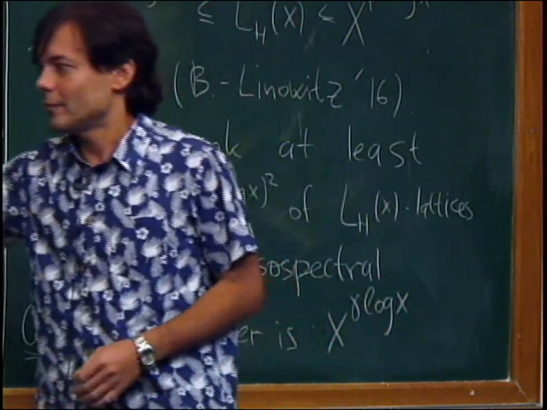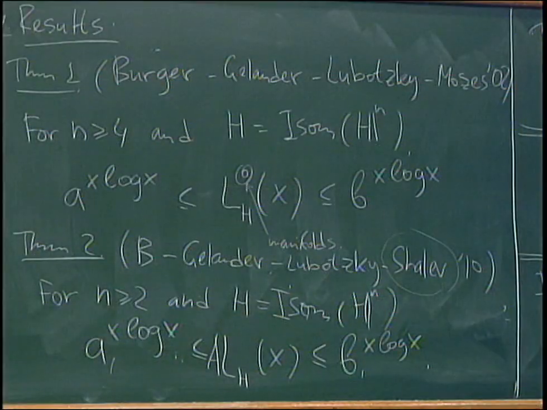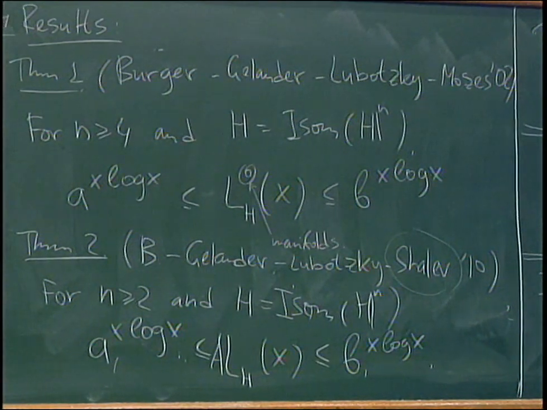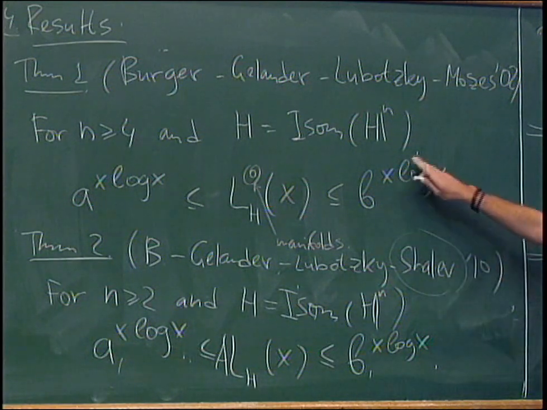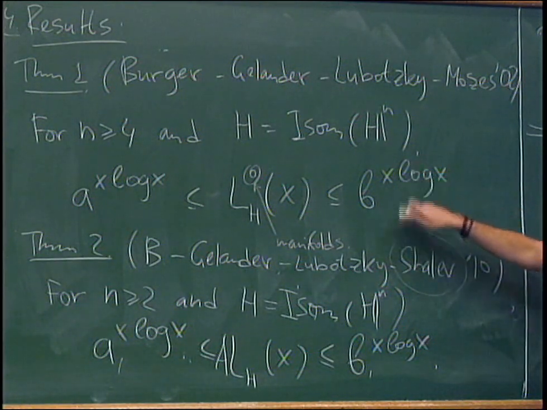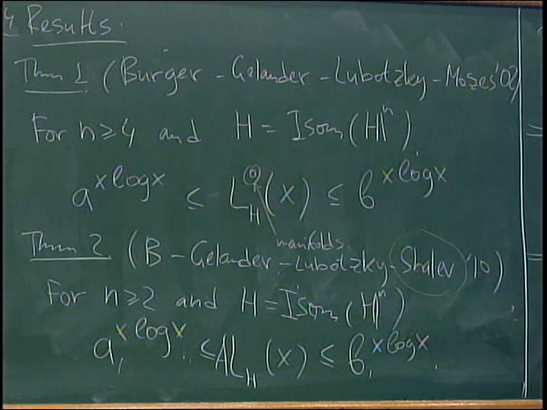But there are actually very few spaces, locally symmetric or symmetric spaces of dimension 4. And yeah, so, well, there is a complex hyperbolic one, right? But there, it's rank 1, and we cannot prove it, but we expect the same growth type.